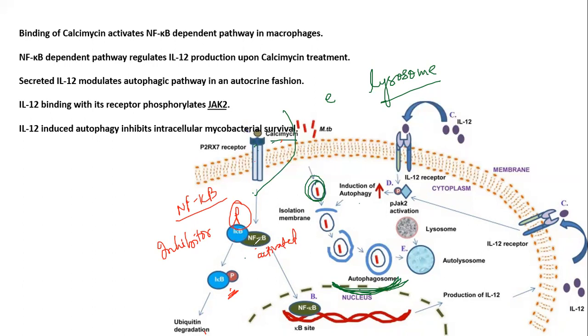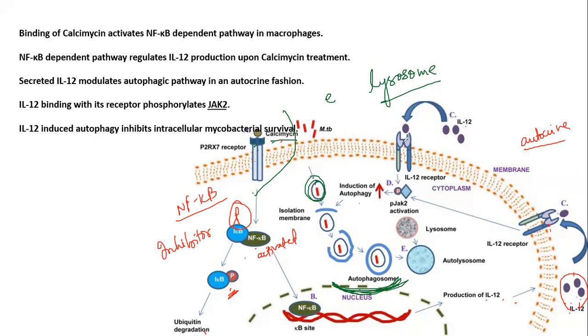As I mentioned before, NF-kappa B is a transcription factor. So it will be recruited inside the nucleus, where it binds to the gene and you get interleukin production. Now interleukin is getting produced and released. This is your autocrine signaling. The interleukins produced go out and are released. Since it is autocrine, this interleukin 12 will go and bind to its own receptor. Okay, clear so far? Same thing: interleukin comes in and binds to the receptor.